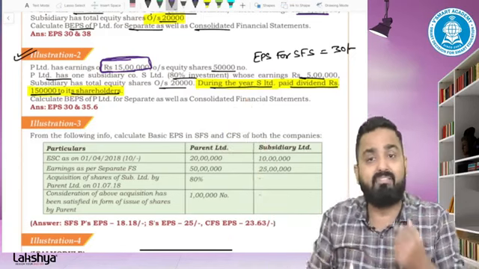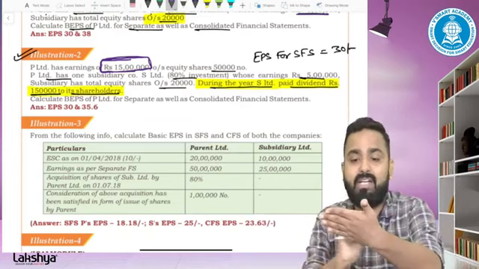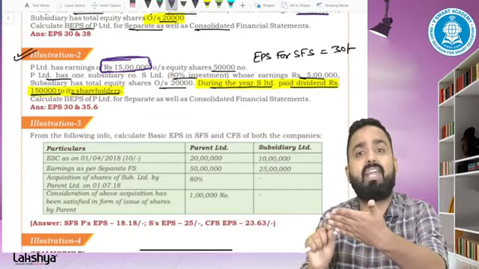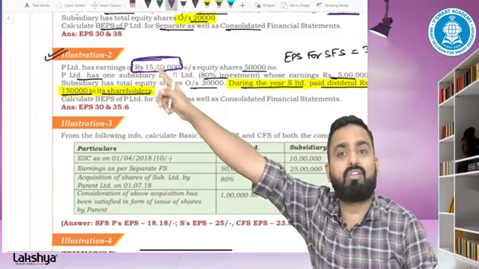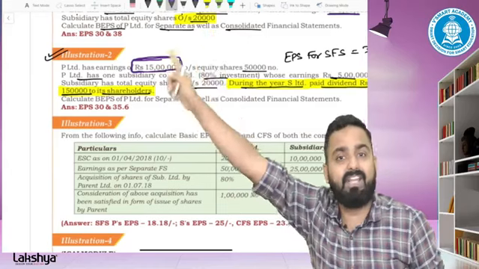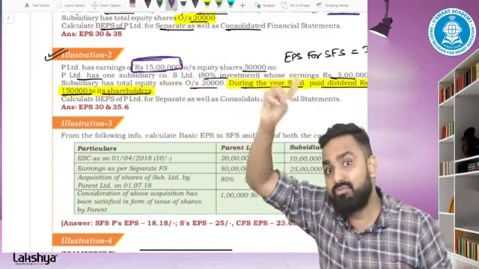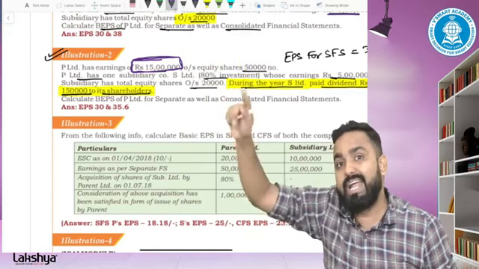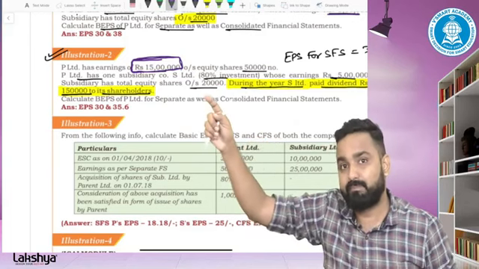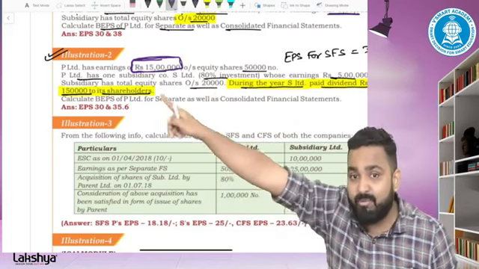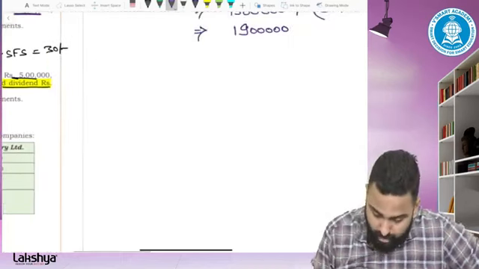Because P has received 1,20,000 dividend income from S and P has journalized one entry, bank account debit to dividend income, and such dividend income was charged to the profit and loss account of P. So definitely the 15 lakh rupees of earning of P must consist of those 1,20,000 dividend income also. Yes or no?